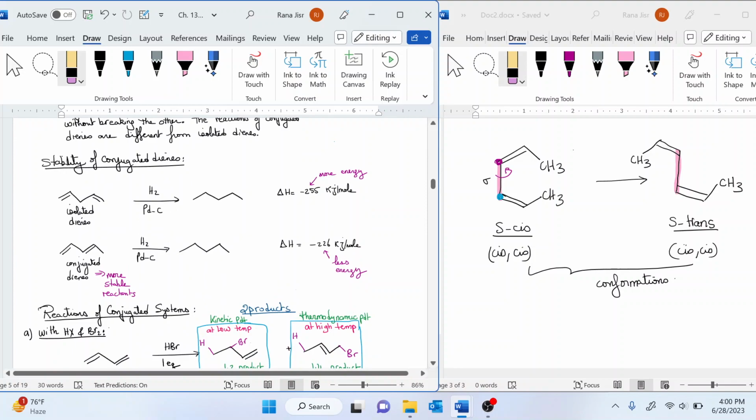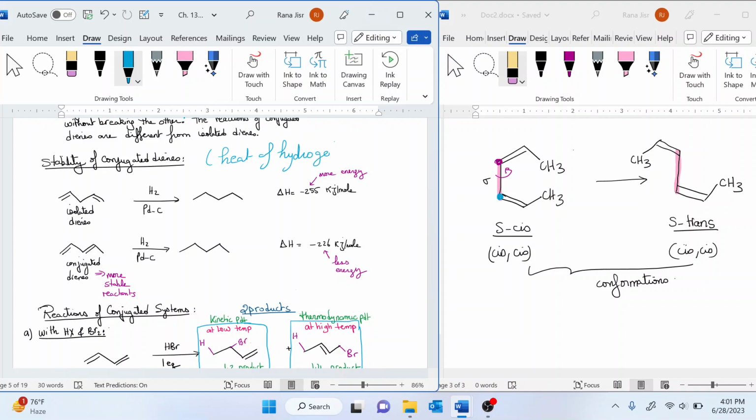We said that conjugated dienes are the most stable form of dienes compared to isolated or cumulated dienes. In order to test this, we do a heat of hydrogenation test. So in the heat of hydrogenation, you take your system with dienes and you simply add hydrogen to it, and you see how much energy you get out of the reaction.